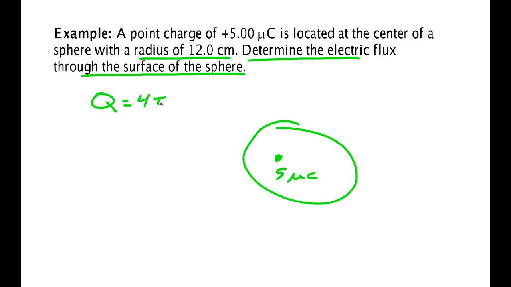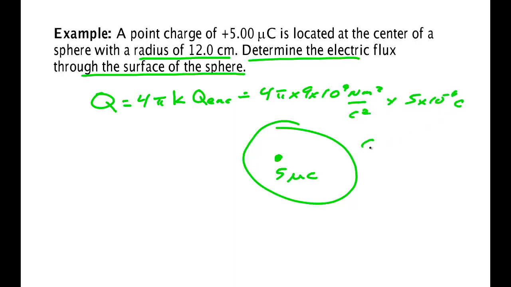So it's 4 pi K Q enclosed, 4 pi times 9 times 10 to the 9th newton meter squared per coulomb squared times 5 times 10 to the minus 6 coulombs. So the electric flux is 5.65 times 10 to the 5th newton meter squared per coulomb. I don't care anything about the shape or the radius. I just count the total charge in here.